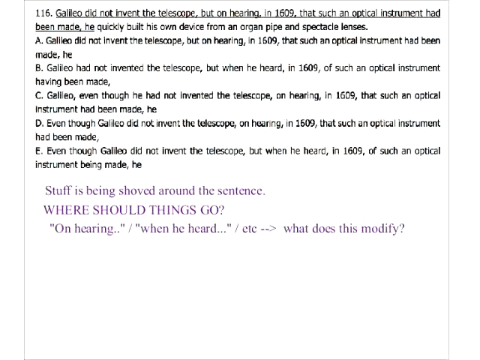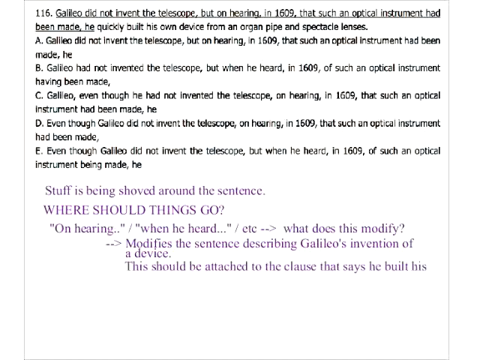Galileo's invention of a device. So therefore, this should be attached to that. This should be attached to the clause that says he built his own device. And ideally, it shouldn't be attached to anything else. So that's also a consideration.